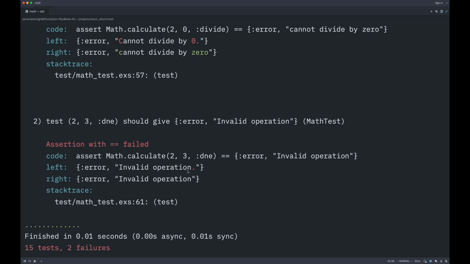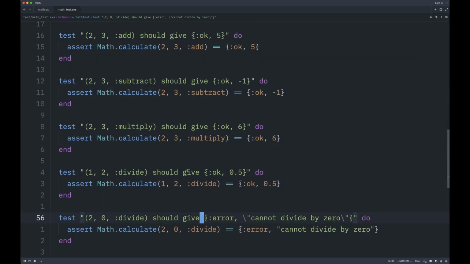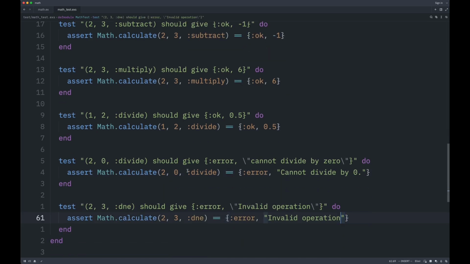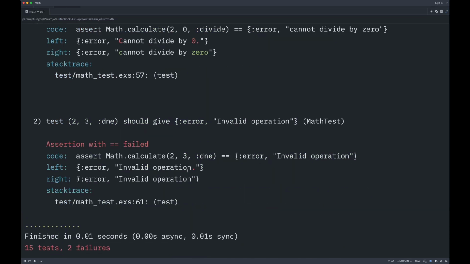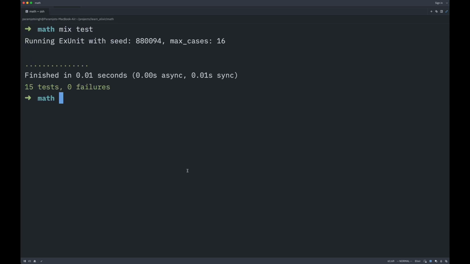So I will go and change this in the test. The first thing we want to do is, this was saying cannot divide was capital, and then there was 0 here, and a period here. So let's go back and rerun our tests, and now all our 6 tests pass.